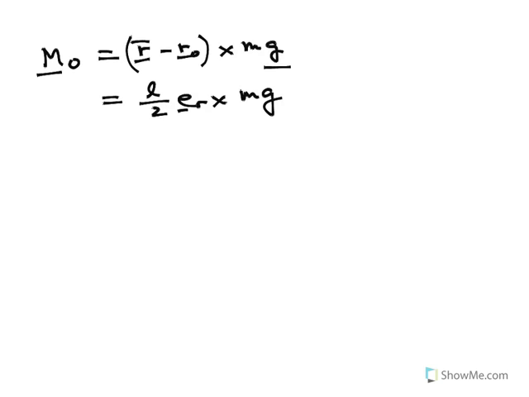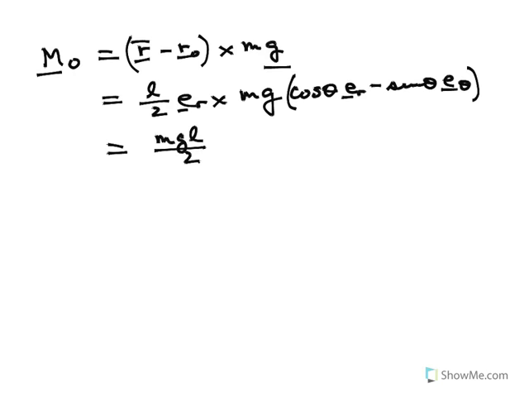So this gives mg cosine theta er minus the sine of theta times e theta, which is equal to mgL over 2, and then er crossed with er is 0, er crossed with e theta is ez, so this gives me minus mgL over 2 sine theta ez.